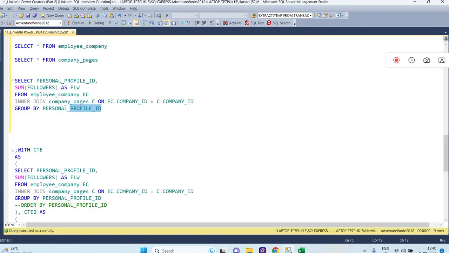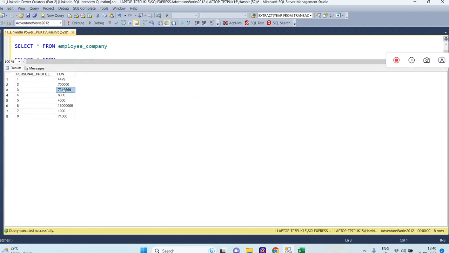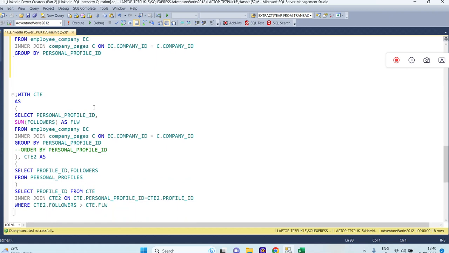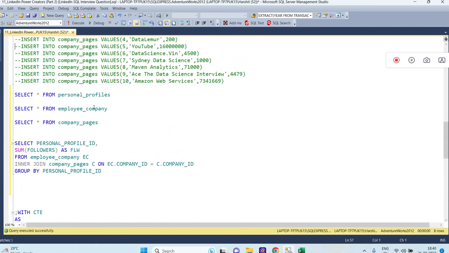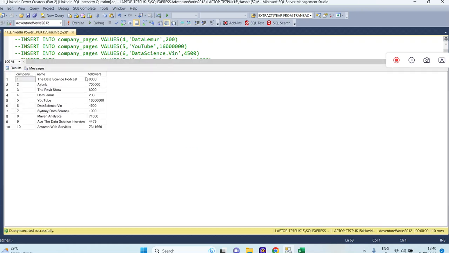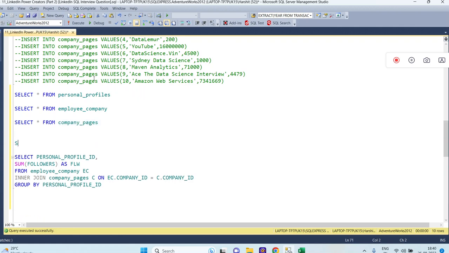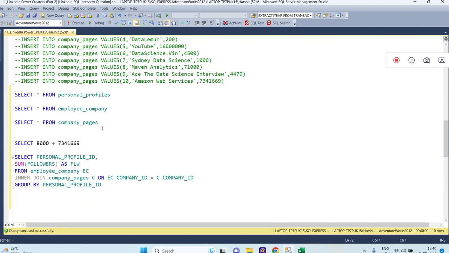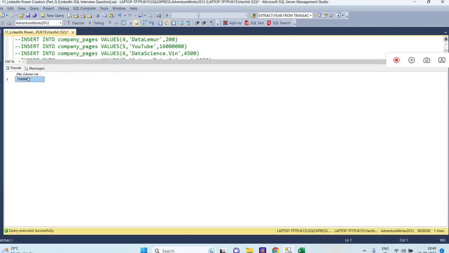So this is 1, select this plus 10 has this one. So let me do the sum of these two. It is giving this one.